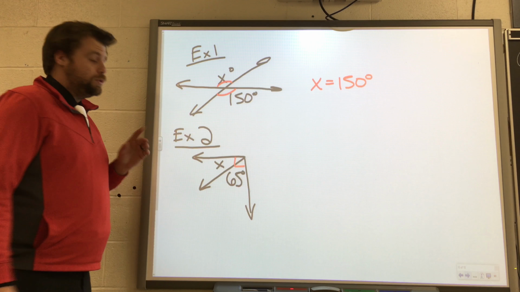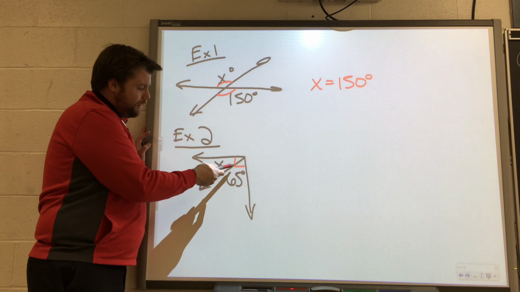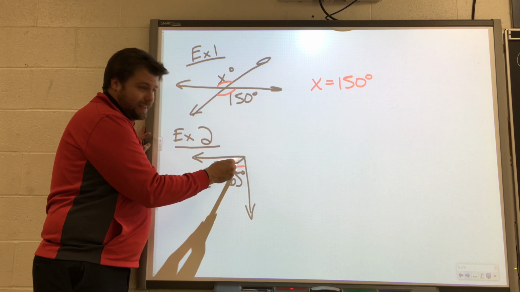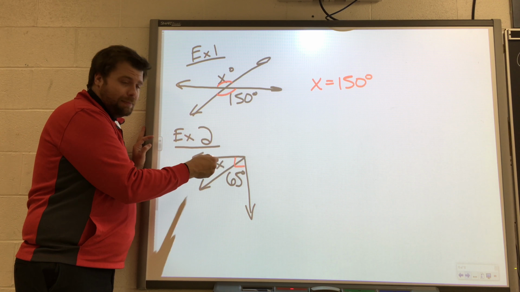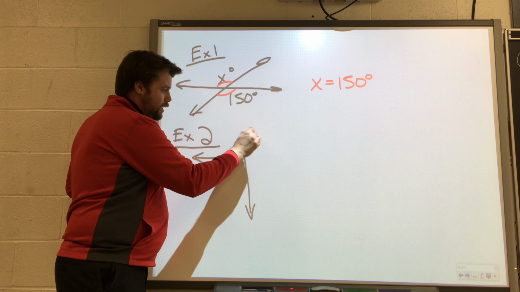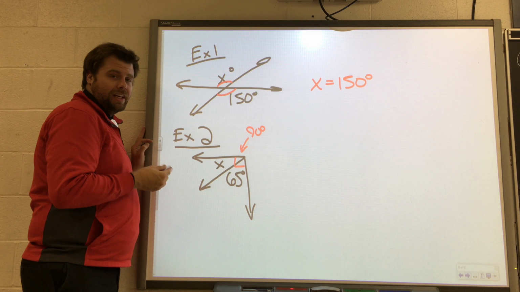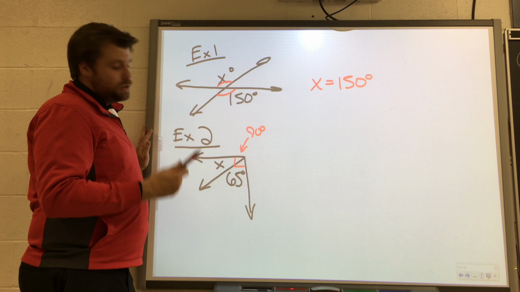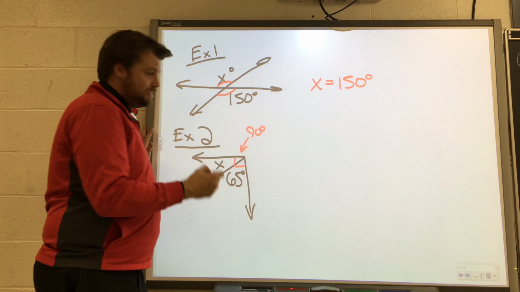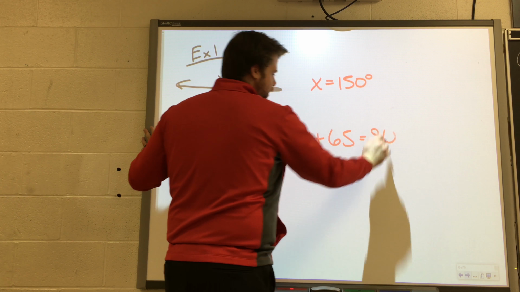Now, if we take a look at example 2 here, you can see that we have 2 angles that are right next to each other. And this little symbol right here in the corner that looks like a square, that means that that's a right angle. That means that this is equal to 90 degrees. So this whole thing is 90 degrees. So basically, if we think about equations, these 2 angles, x and 65, they add together to equal 90.